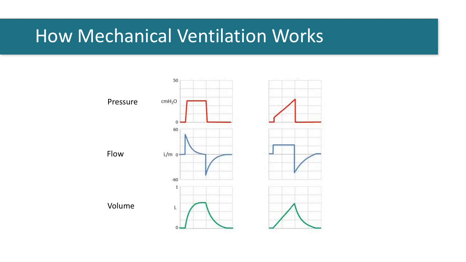Here's an example of pressure, flow, and volume tracings from two different modes of mechanical ventilation. On the left, we have pressure-controlled ventilation. You can see that when the breath is triggered, the pressure rapidly rises and then stays steady for a set duration of time. When the limit on the breath is reached, the pressure drops back down to baseline.